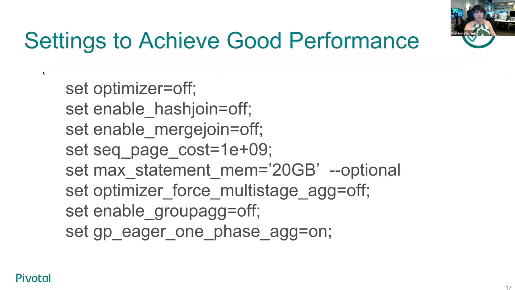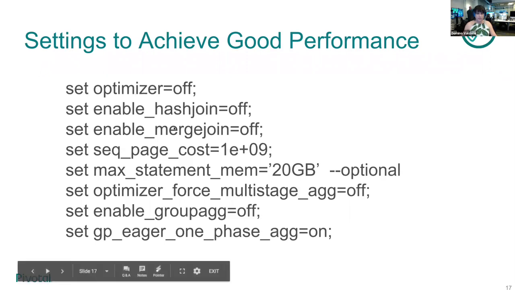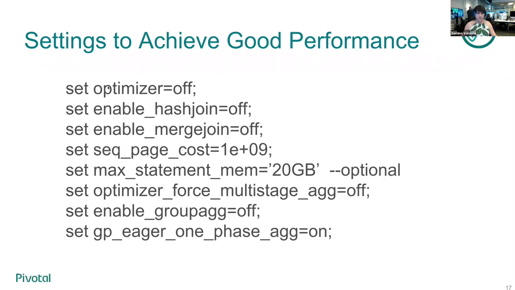For a long time, I knew exactly how I wanted it to work, but I couldn't convince Orca or the planner to do that. The QP team helped me a lot with adjusting all these GUCs. We did get it to work with both Orca and Planner eventually, but it worked better with Planner, so turn the optimizer off.